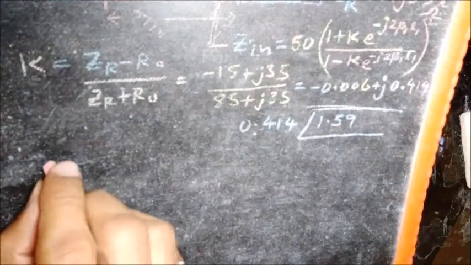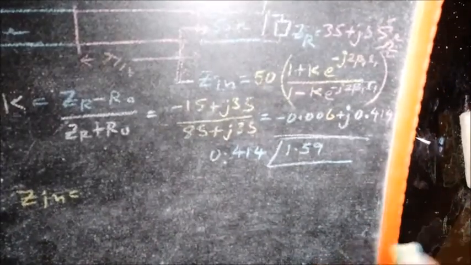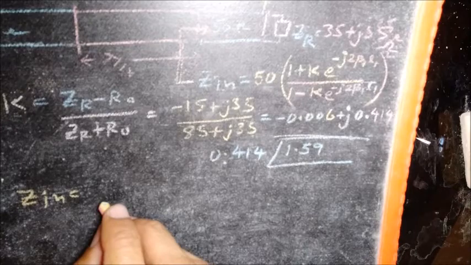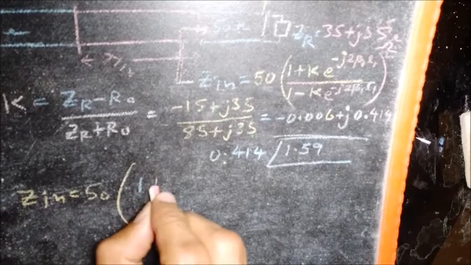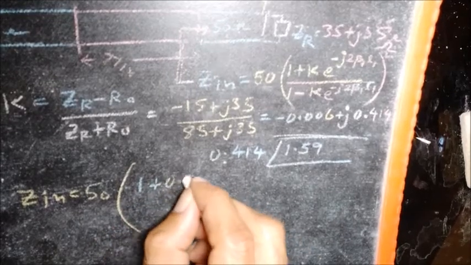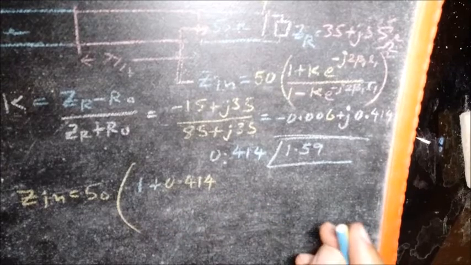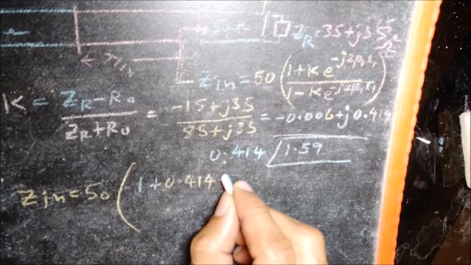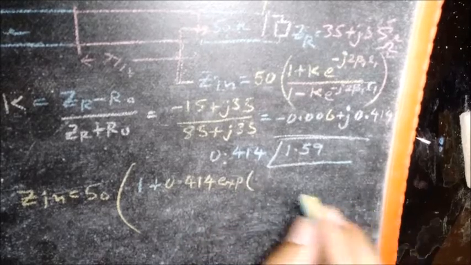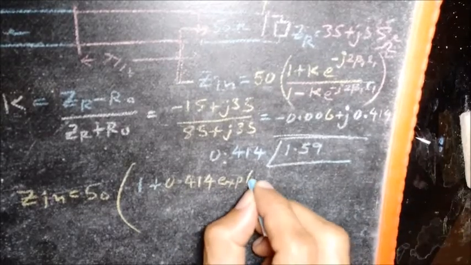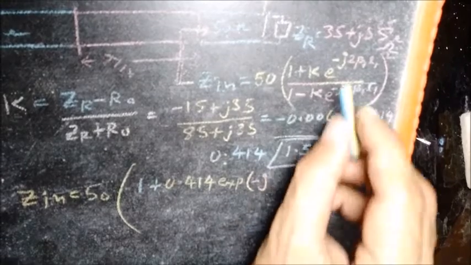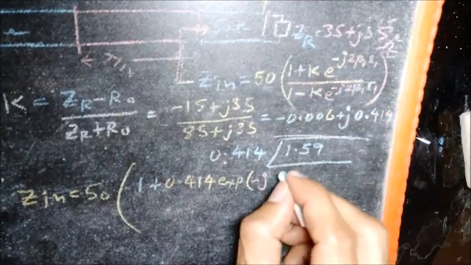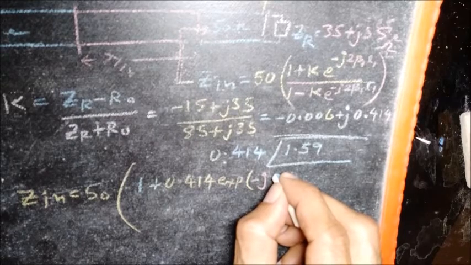Now we can find out what is Zin. Now Zin will be equal to, we have the expression here already. So 50 times (1 plus 0.414 e raised to minus j 2 beta 1 L1).